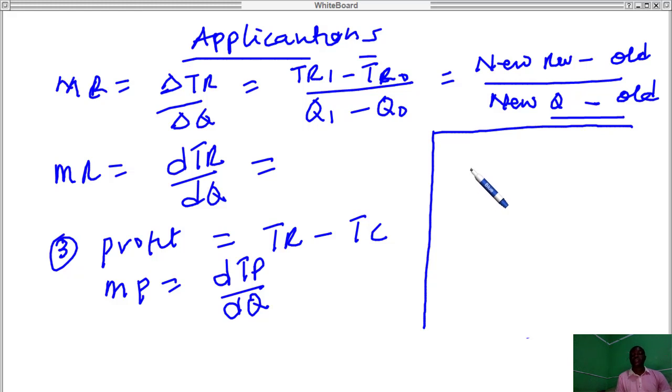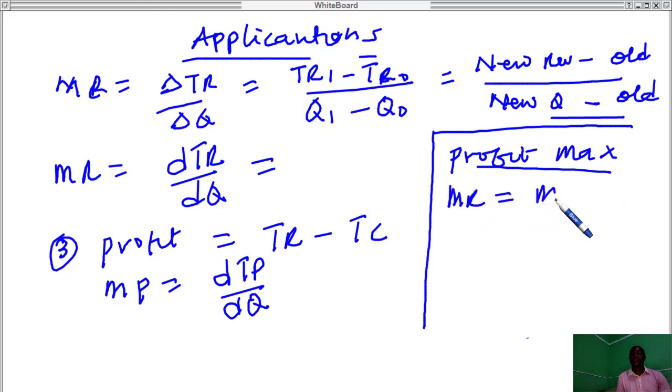So let's look at profit maximization. In business, profit is maximized where marginal revenue is equal to marginal cost. So when you are given such a question, you find marginal revenue, you find marginal cost, then you equate them to solve.